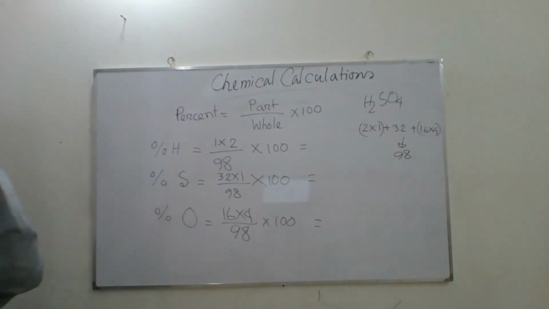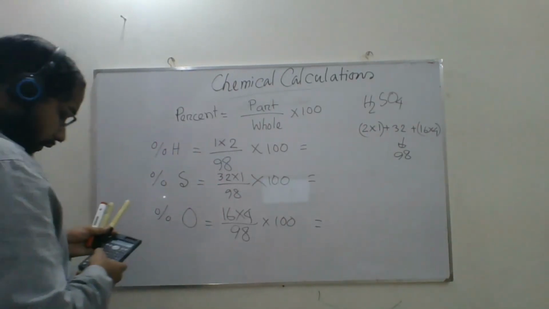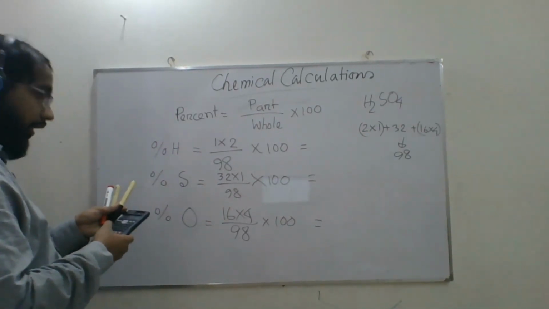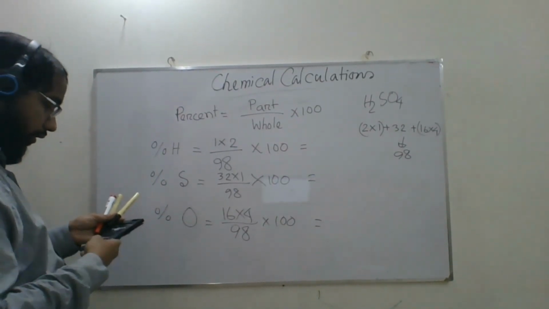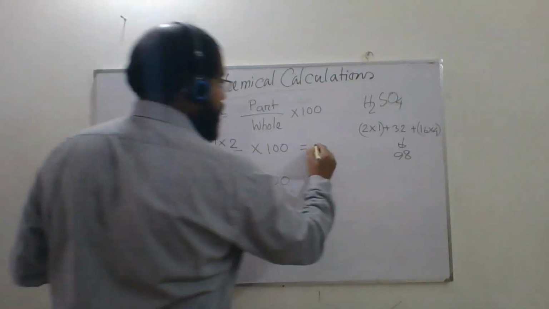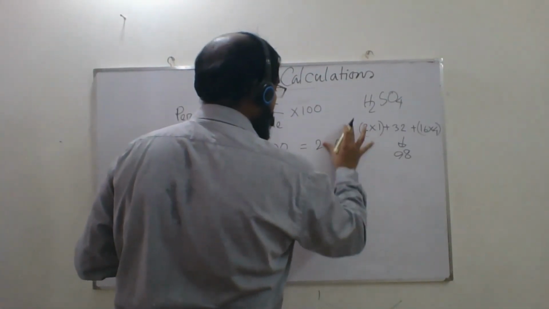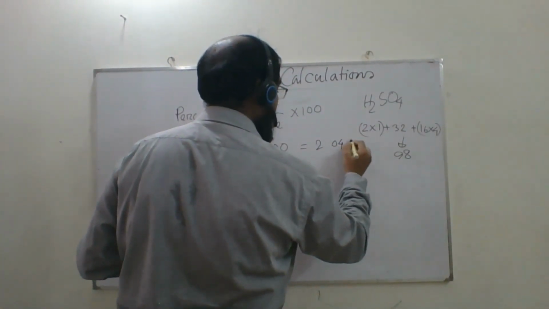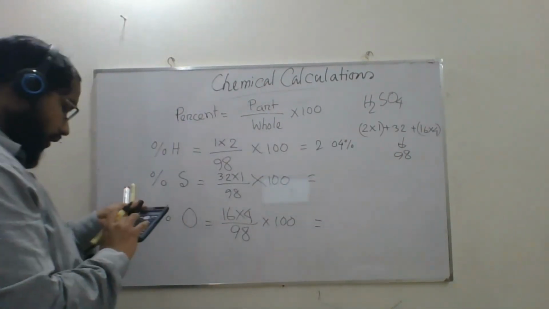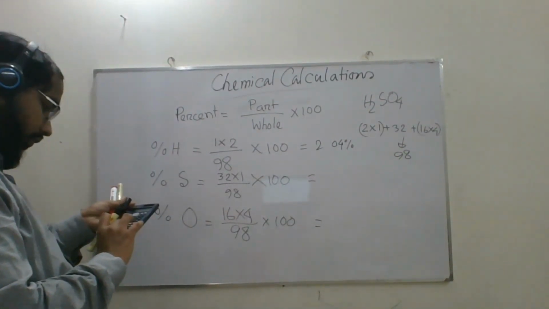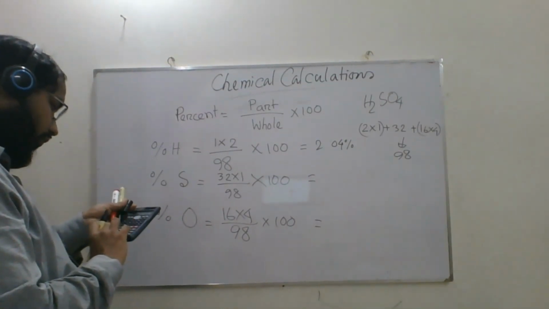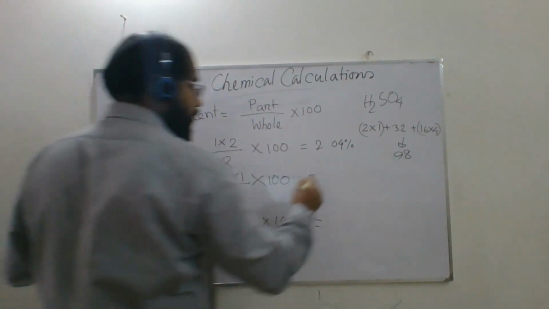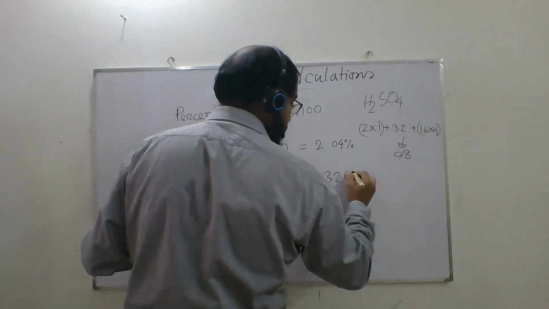That means for hydrogen, 2 divided by 98 into 100, 2.04%. For sulfur, it is 32 divided by 98 into 100, equal to 32.65%.